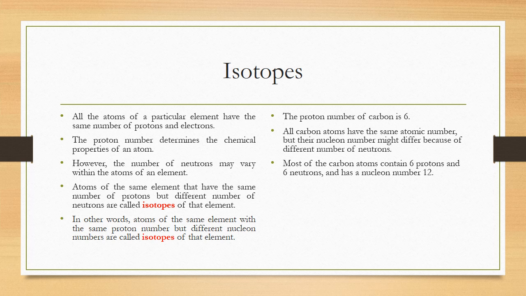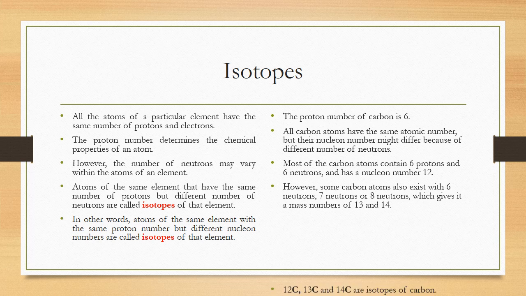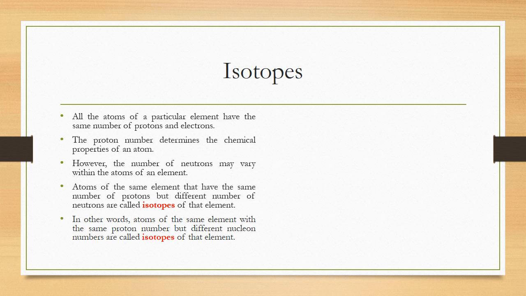Some carbon atoms have 6 protons and 6 neutrons, and that would be known as carbon 12, a mass number of 12. However, some carbon atoms have 7 neutrons, and some have 8, which gives mass numbers of 13 and 14. So you have carbon 12, carbon 13, and carbon 14, which are all isotopes of carbon.